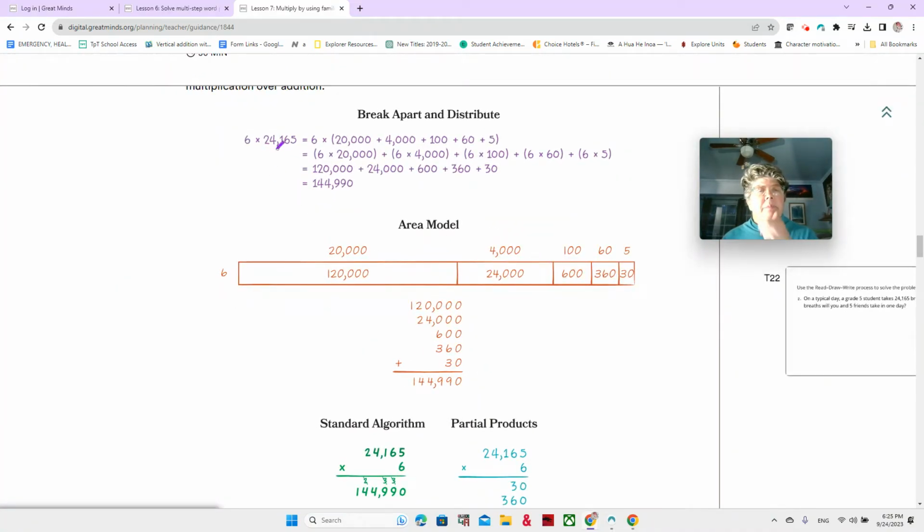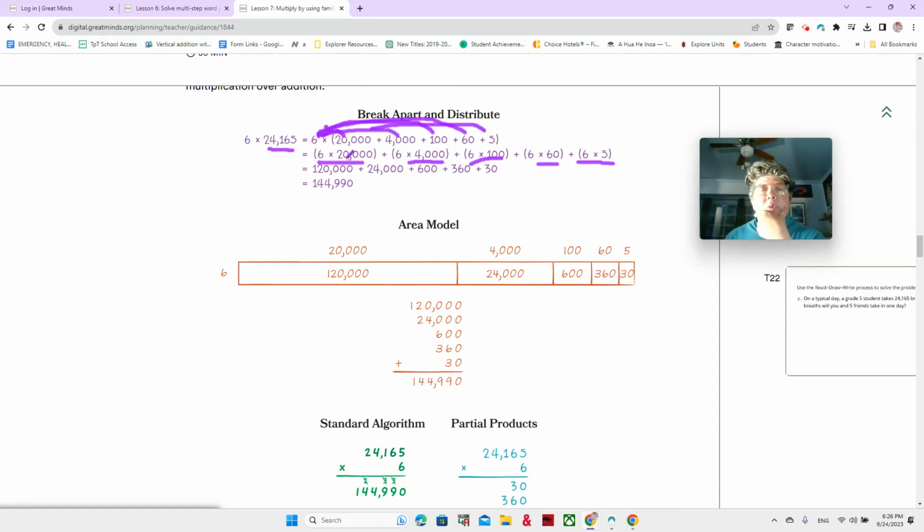We see 6 times 24,165, 6 times 20,000 plus 6 times 4,000 plus 6 times 100 plus 6 times 60 plus 6 times 5. Now, isn't that interesting, right? They basically wrote the expanded form of this, and then you're multiplying by each part. Do you see how that might make things a little bit easier? Yeah, I kind of like it.